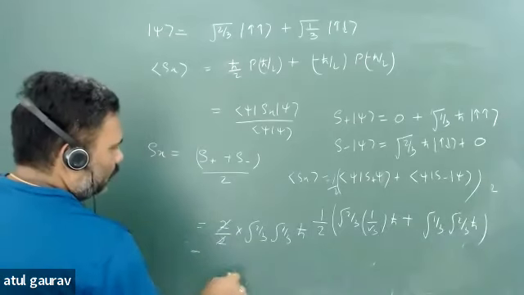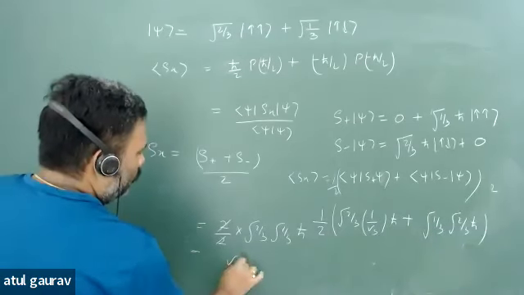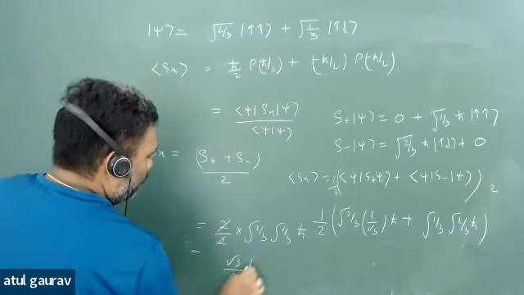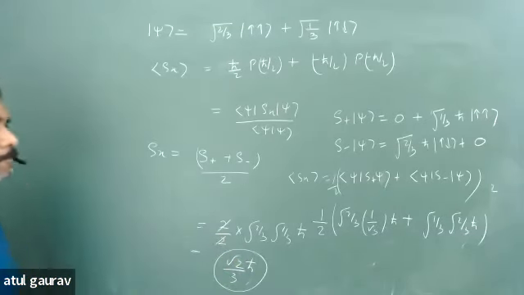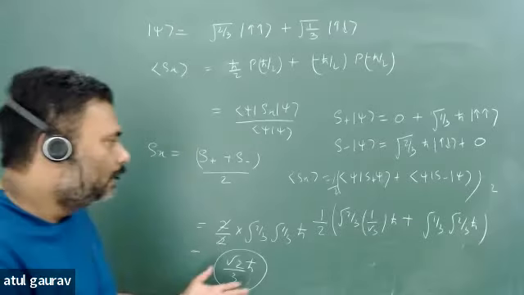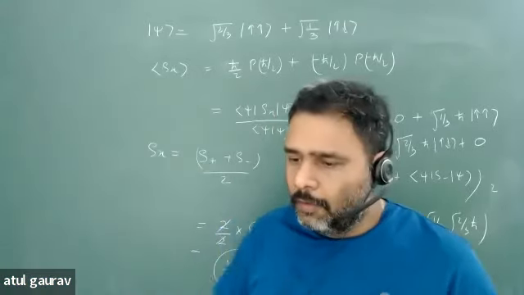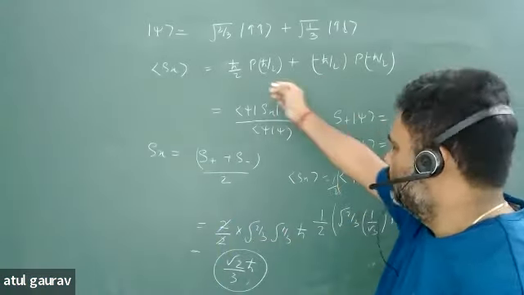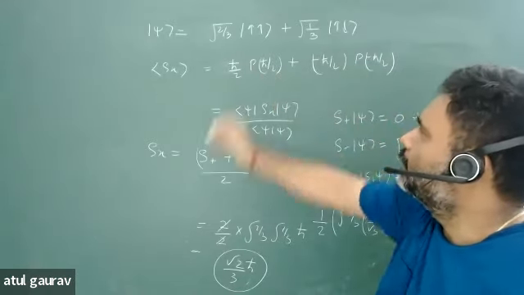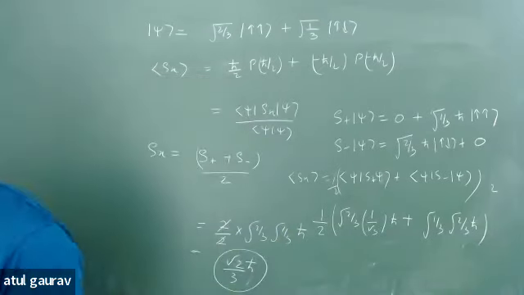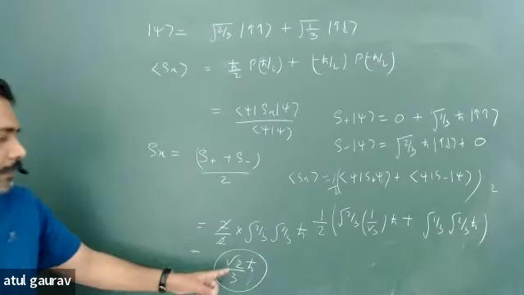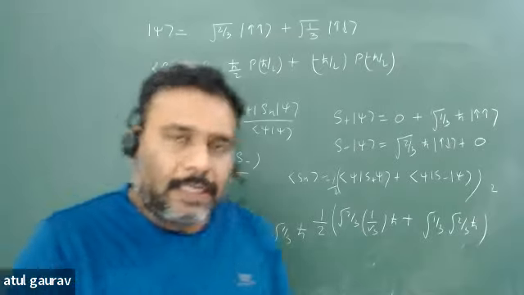So this will cancel out, and I think it is root 2 by 3 H cut. So you can easily calculate via this method also. You can check it from here too; this should be your answer.